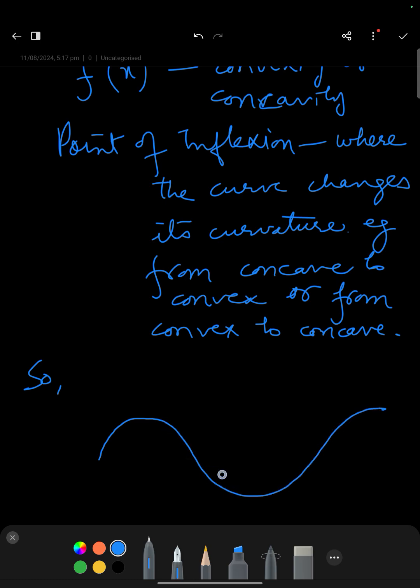Usually we calculate the point of inflection through equations, but as we see, the curvature is changing here, so this will be the point of inflection. You can calculate it in equations. This is our relative maxima, this is relative minima, and this is absolute maxima and absolute minima.